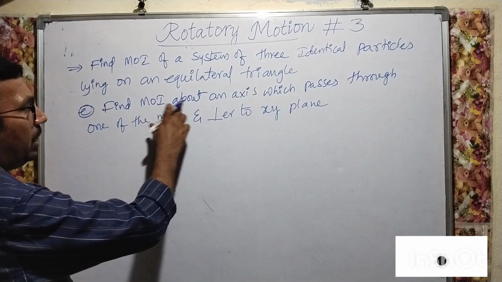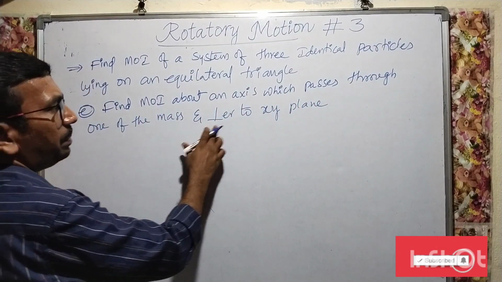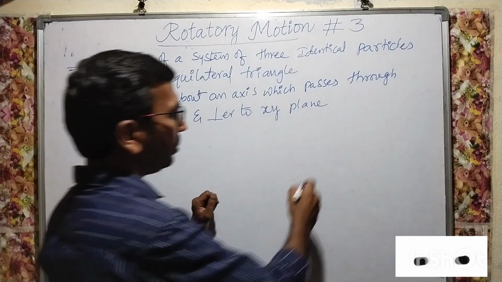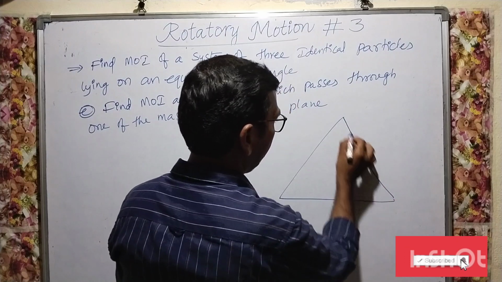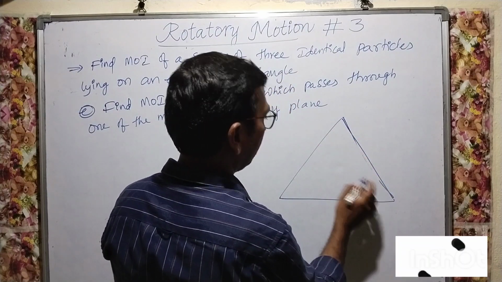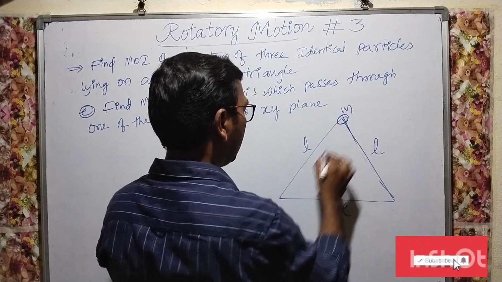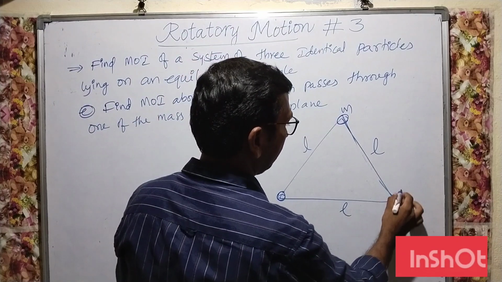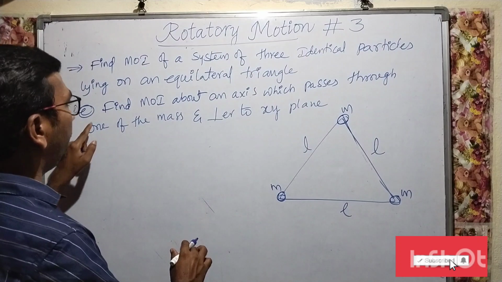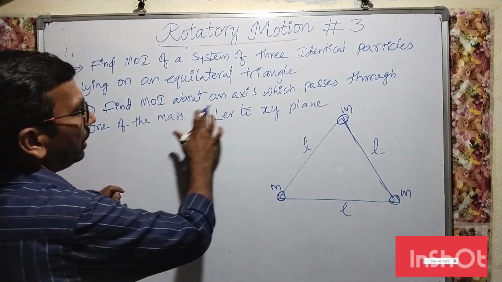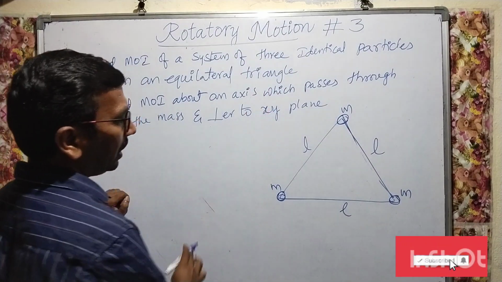Now find the MOI about an axis which passes through one of the masses and is perpendicular to the xy plane. First you draw the equilateral triangle, the side is L, with identical masses M, M, M. Now the axis passes through one of the masses like that, perpendicular to the xy plane.